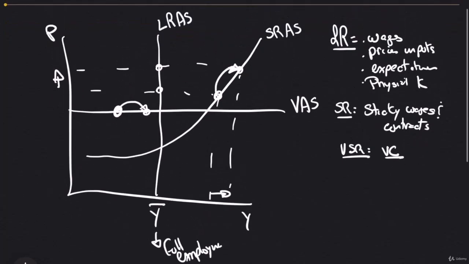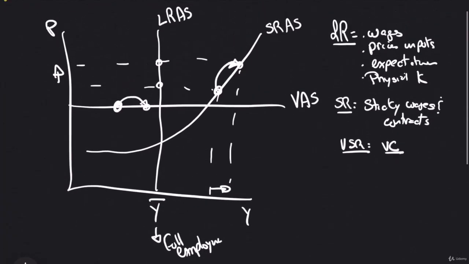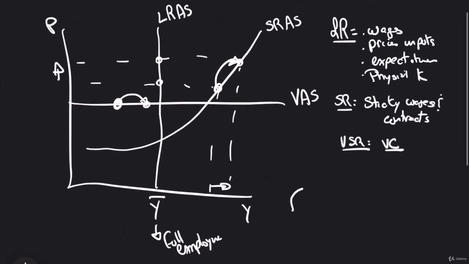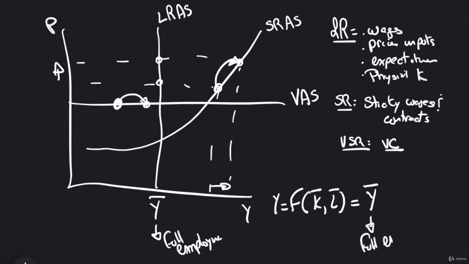Another way of thinking about this long run is that production, Y, is a function of capital and labor, and in the long run, capital is fixed and labor is fixed, and therefore, in the long run, the level of output is also fixed, and that's the other way of expressing full employment in the long run.